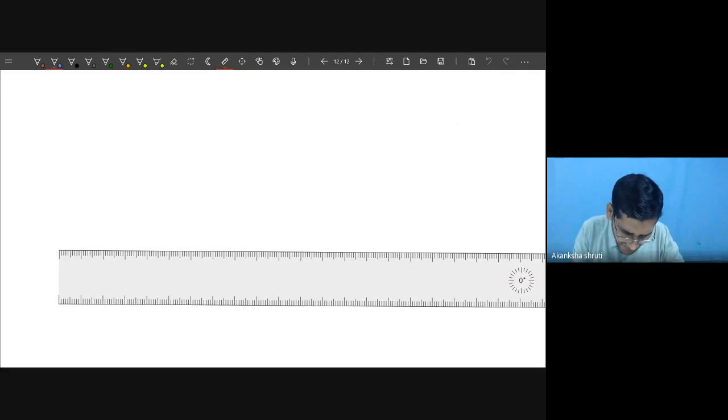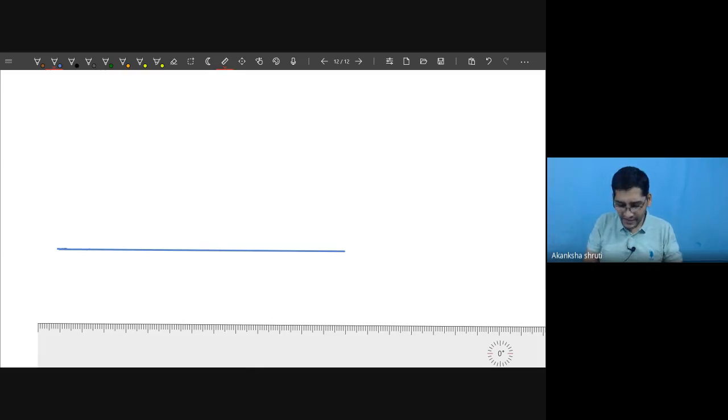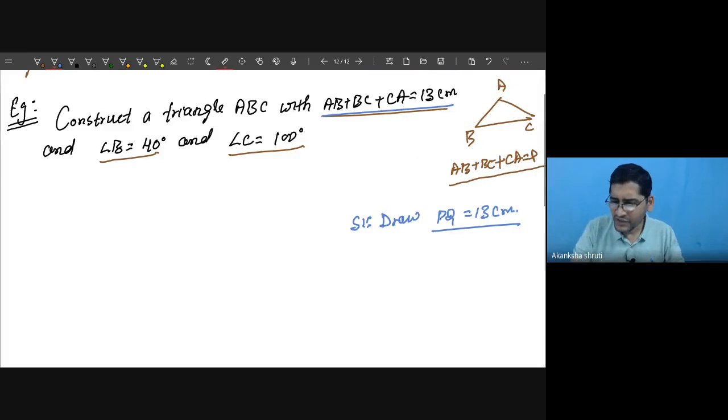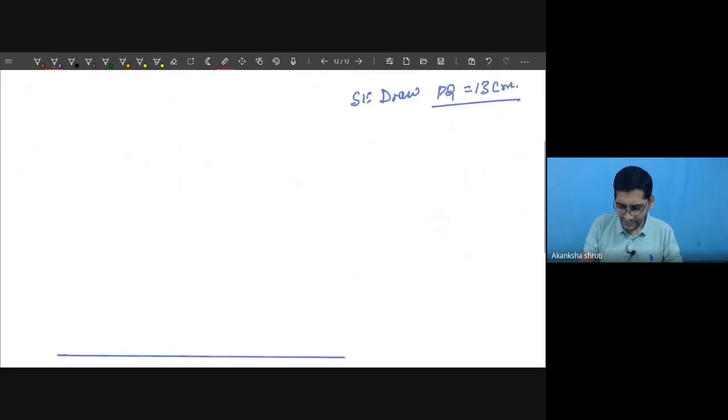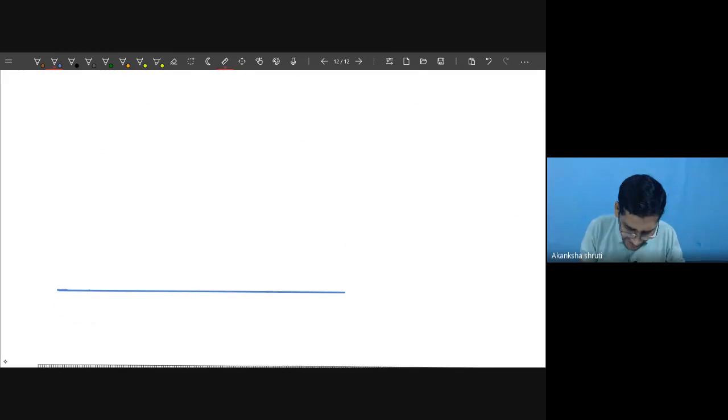Student, be careful while drawing this. 1, 2, 3, 4, 5, 6, 7, 8, 9, 10, 11, 12, and then 13. Is it okay? So this 13 equals the perimeter, that length is given, but it is not points ABC. It is our P and Q. Okay, student? Is it okay?